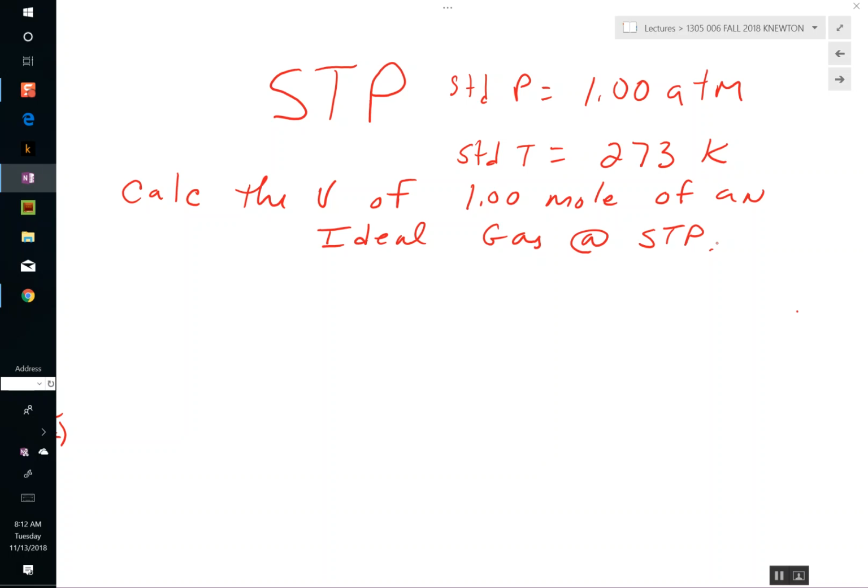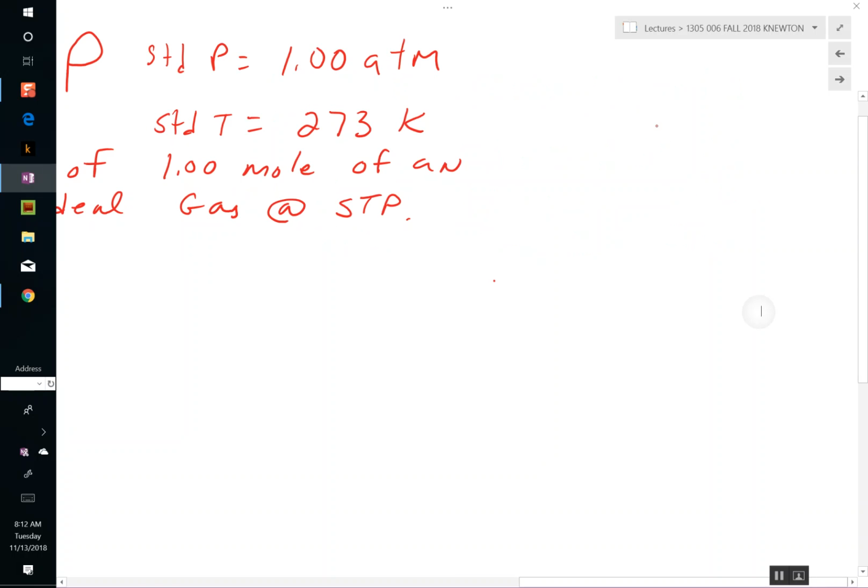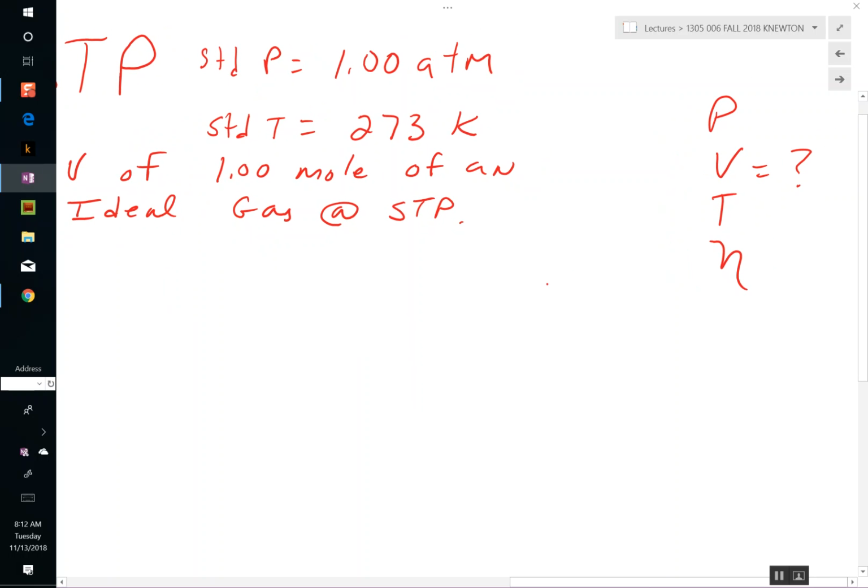Now, what I've said on an ideal gas law problem: if you see 3 of these 4 things, remember these are the 4 variables that affect a gas, and it's asking you to calculate the 4th one, calculate the volume, then you can conclude that this is an ideal gas law problem. I've got all the information I need here to solve the ideal gas law.